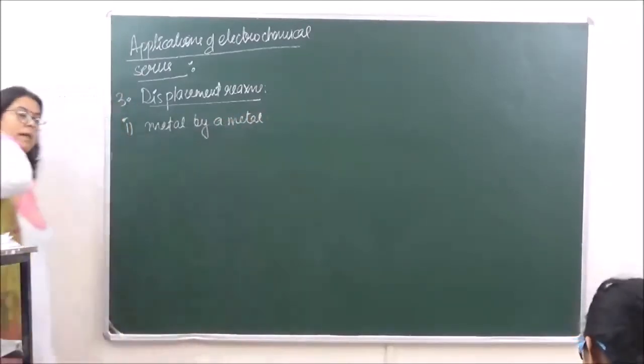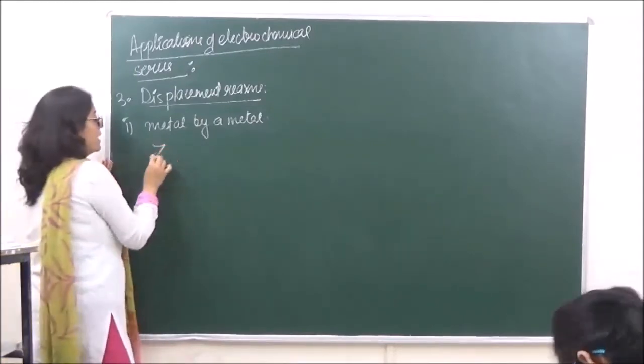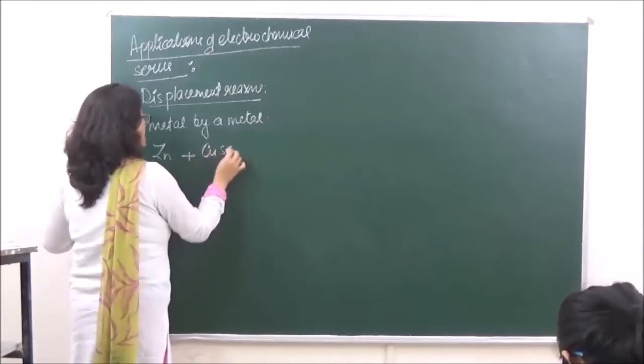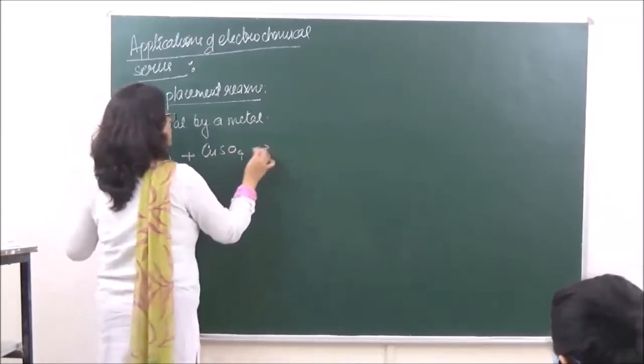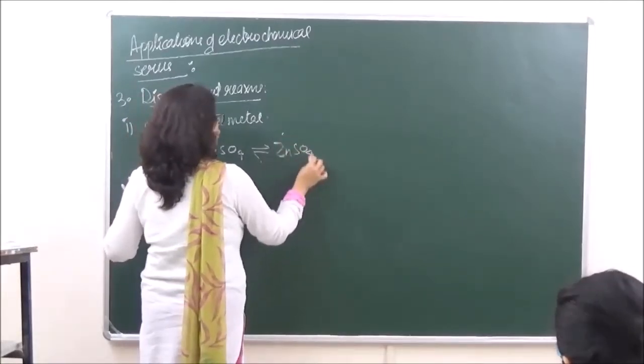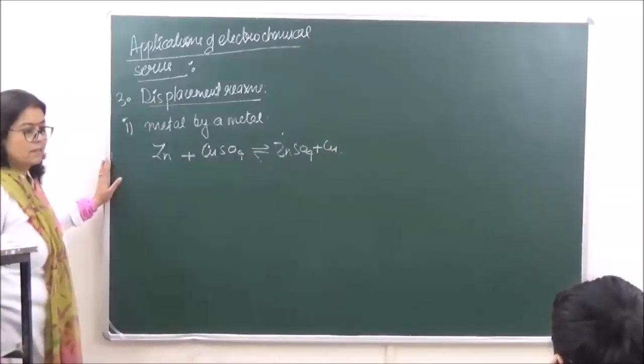by a metal, right? Now when we were doing the galvanic cell, we had done the reaction Zn plus CuSO4 to give us ZnSO4 plus Cu. This was the reaction of the galvanic cell.